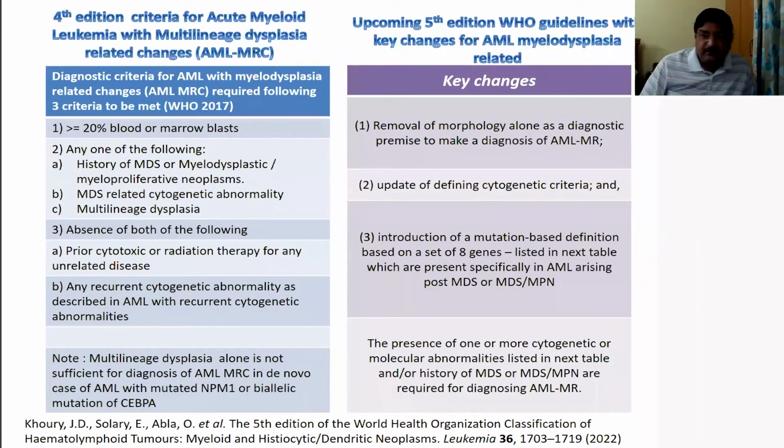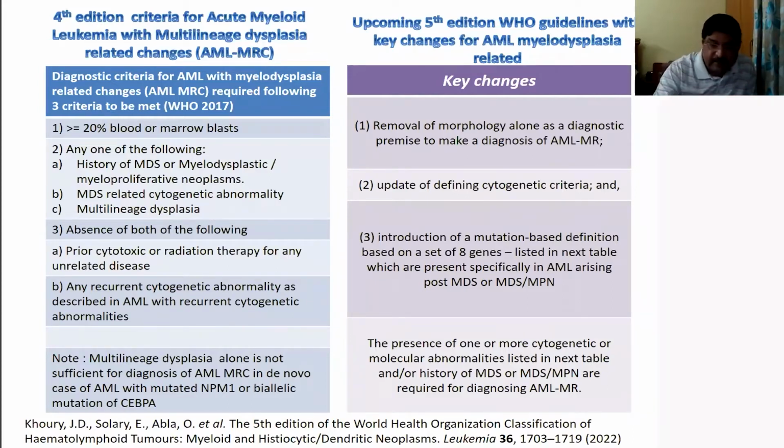So this is again making some distinction between the fourth and the fifth edition, with some key changes that have happened. Removal of morphology alone as a diagnostic premise to make a diagnosis of AML with myelodysplasia related changes. You know, there is an entity in the WHO 2017 called AML with myelodysplasia related changes.